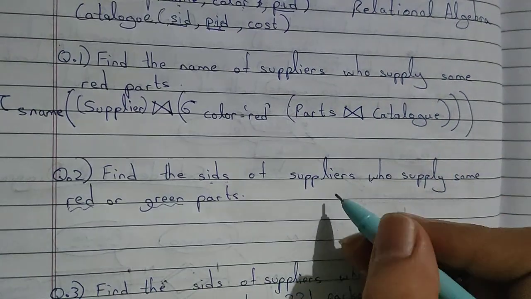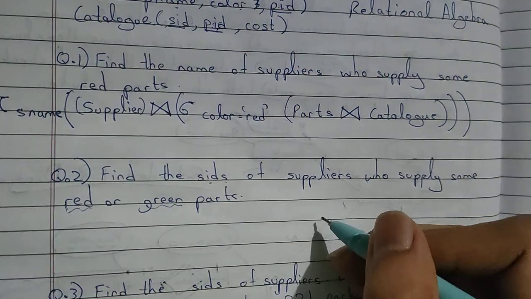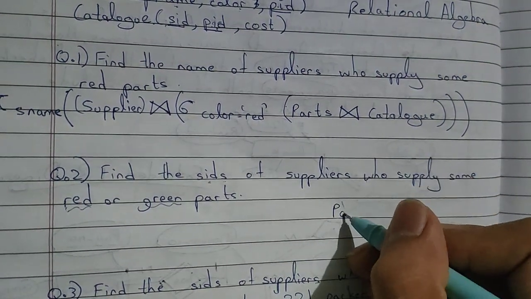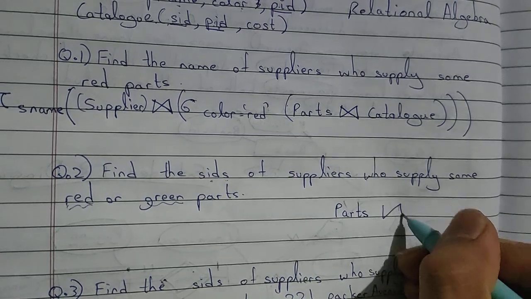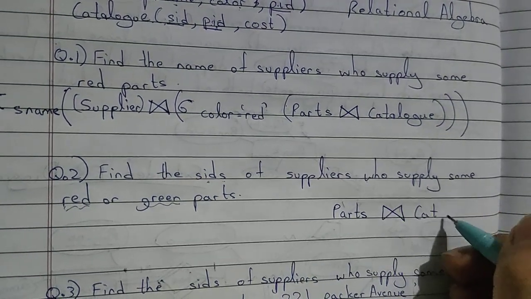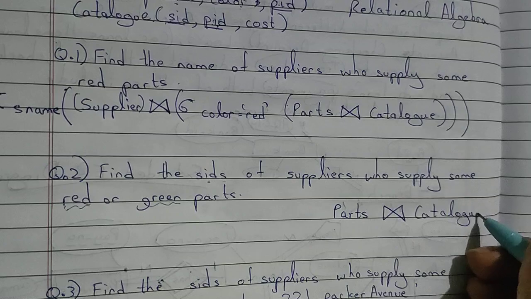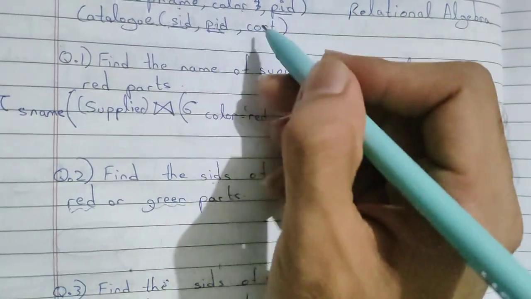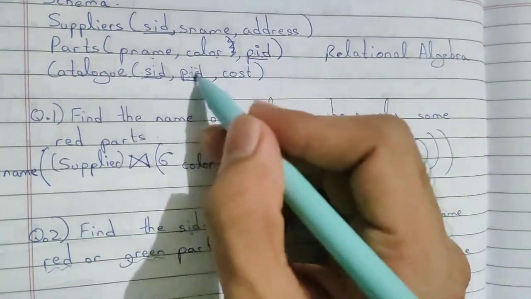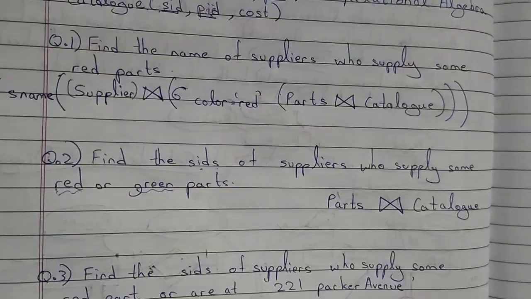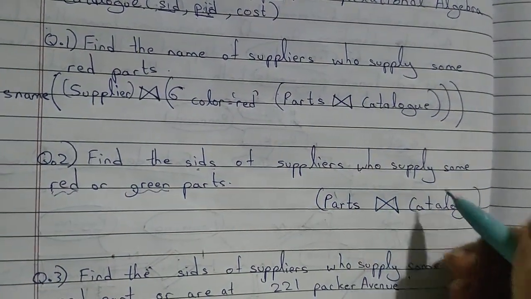Firstly, we'll join these two tables, same as before. So we join parts with catalog. Since we're using natural join, it will automatically look at these two attributes, and since they have the same name and same domain type, it will link those two together and combine these two tables.